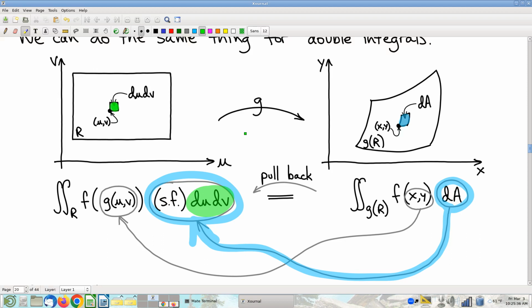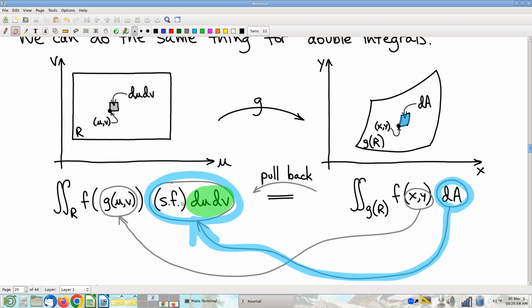And if I want to know how much bigger the output is than the input, I'm going to have to figure out by what factor that area has been increased. And that's what we're going to call the stretching factor. How to compute that is something we'll talk about a little later today, hopefully, fingers crossed, if we stay on schedule. But for the moment, I'm just going to tell you the formula.